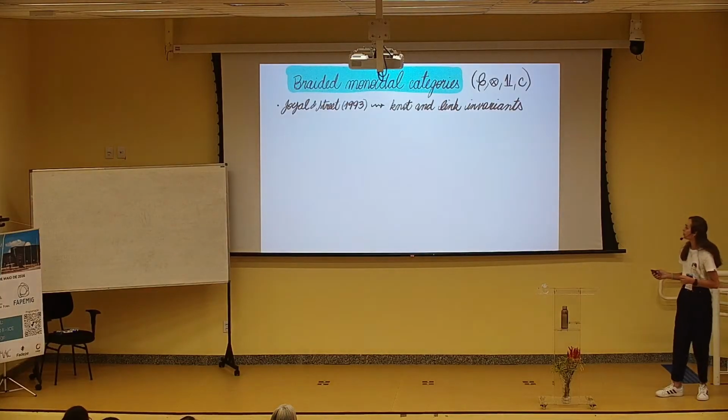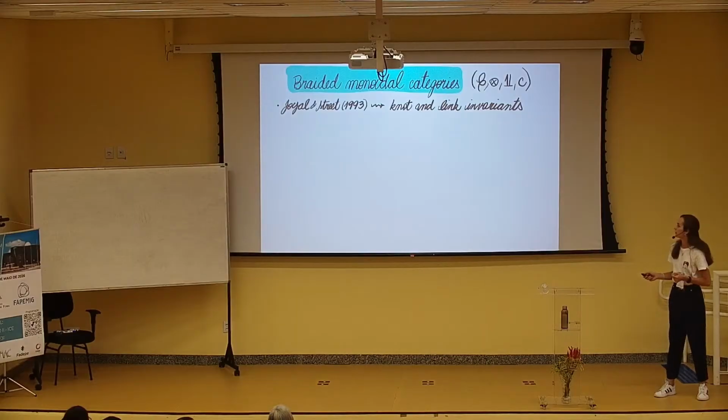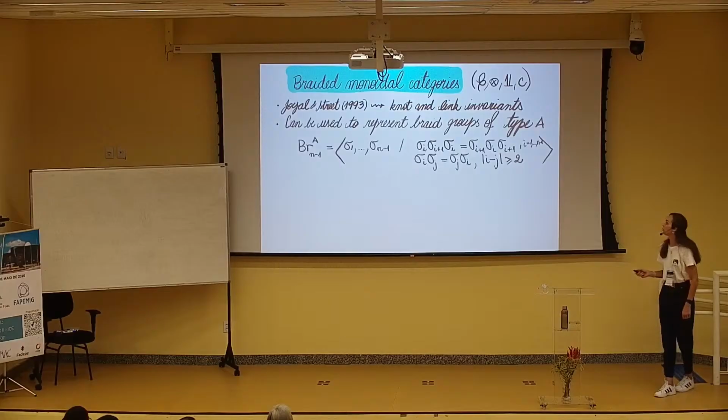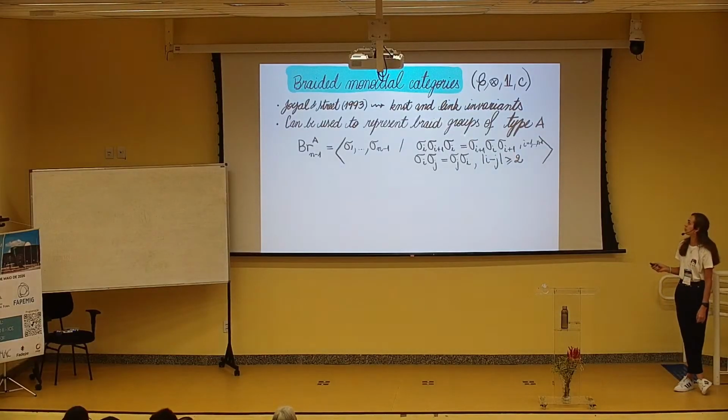Braided monoidal categories appeared in 1993 in Joyal and Street, and they were used to construct knot and link invariants. They are also used to represent braid groups of type A. So what is the braid group?